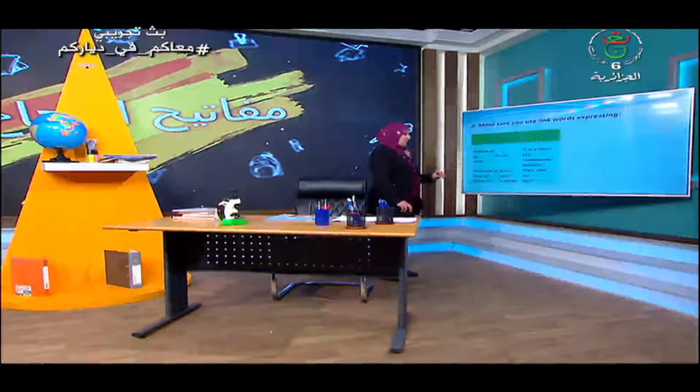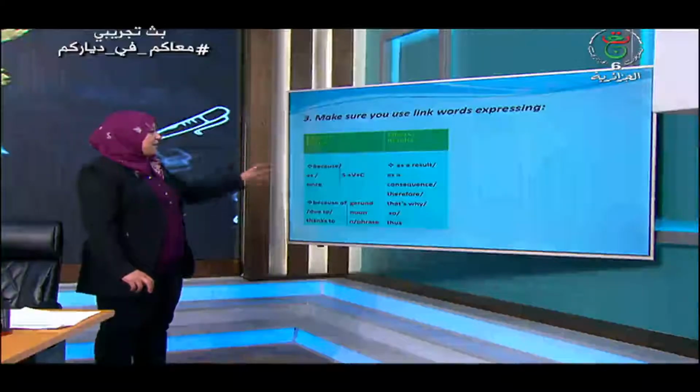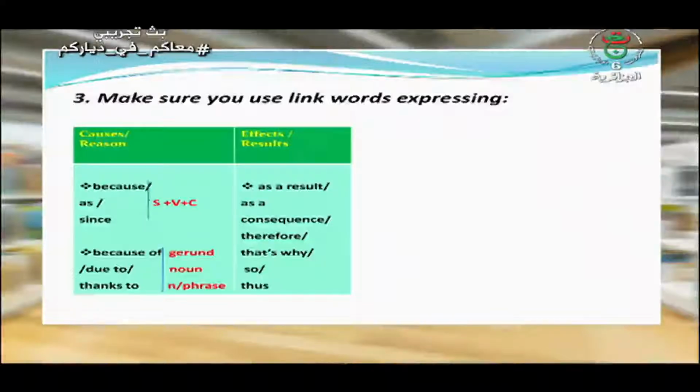Well, the causes link words can be put at the beginning or in the middle. We have also the effects link words: as a result, as a consequence, therefore, that's why, so, thus. They can be put in the middle or be put to start a new paragraph.